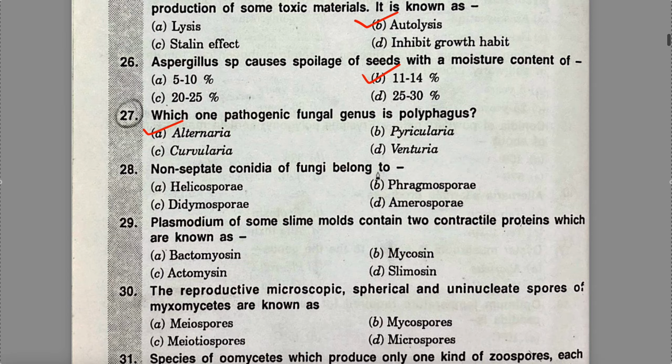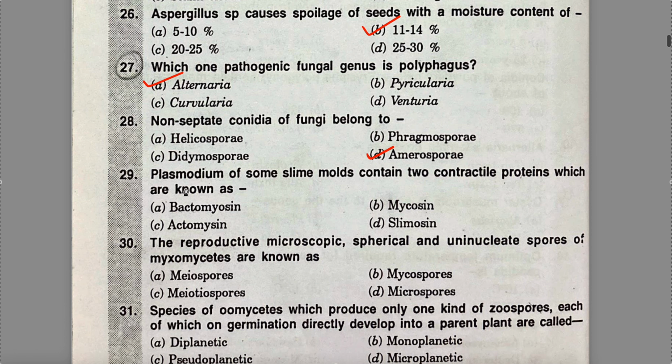Question 28. Non-septate conidia of fungi belong to Helicospore, Phragmospore, Didymospore, or Amerospore? The answer is option D. 29.